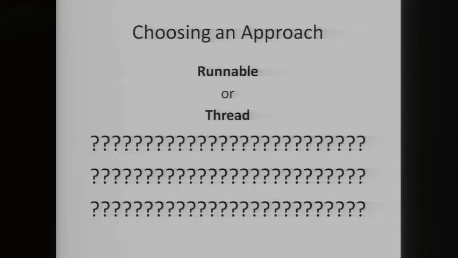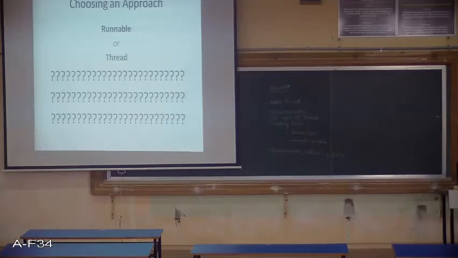Well, now the next question is which approach to use, whether to go for Runnable or Thread. At this point, you must be wondering why Java has two ways to create threads and which approach is better, isn't it?